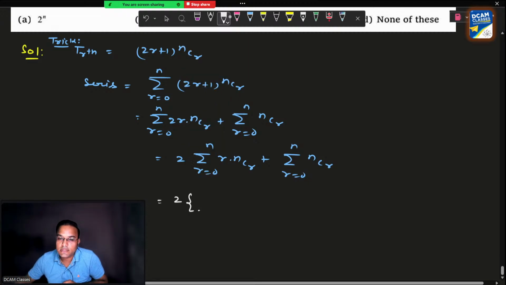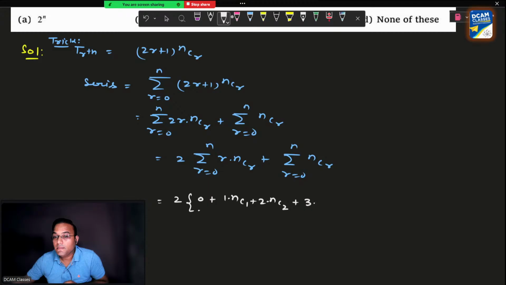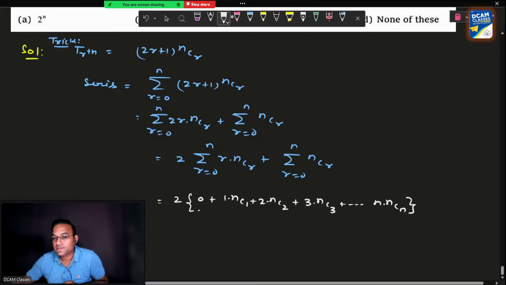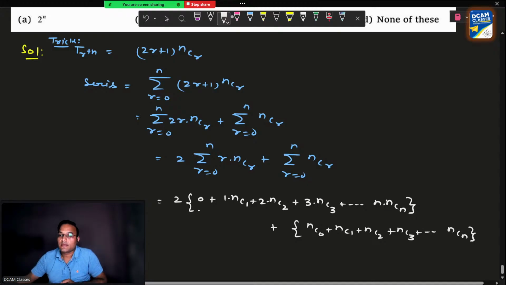This is 1 into nC0, sorry, this is 0 actually, 0 plus 1 into nC1 plus 2 into nC2 plus 3 into nC3 plus and so on, n into nCn, plus nC0 plus nC1 plus nC2 plus nC3 and so on up to nCn. Right? Understood? Haripriya? Kanishka, okay?